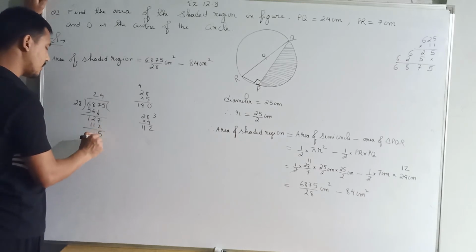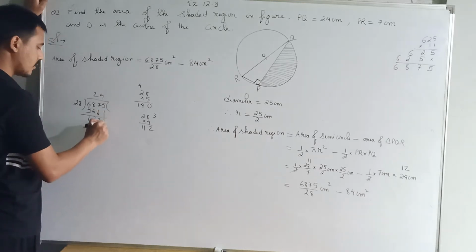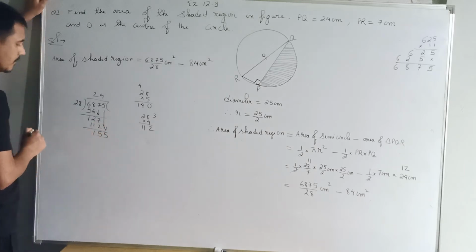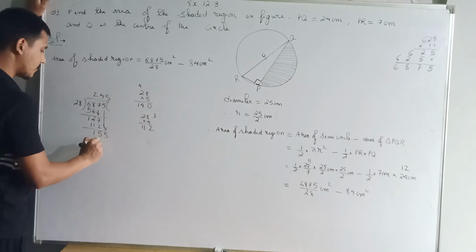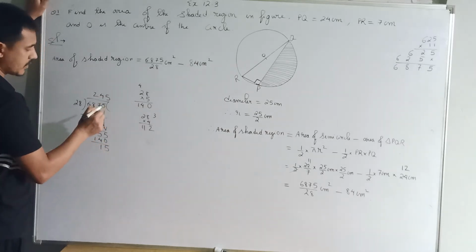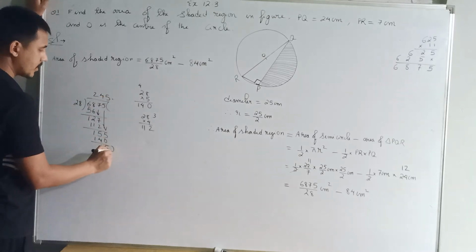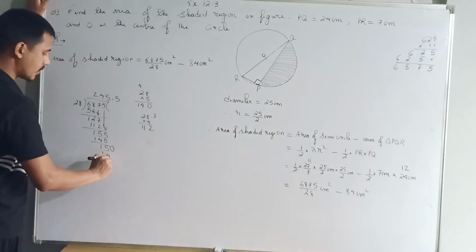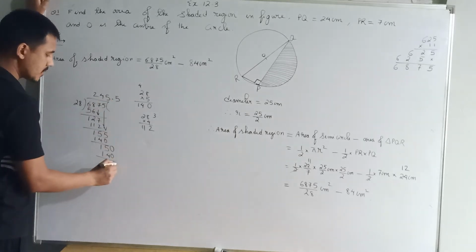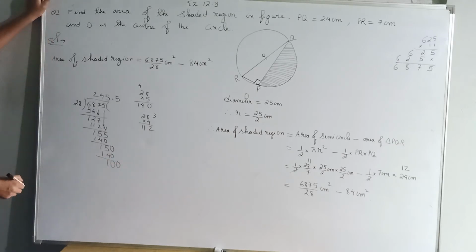7 minus 2 5, 2 minus 1 1. We have 5 coming down. Okay. 28 5 times is 140. So we have 5 here, we have 1 here. Okay, so we put the decimal and bring down 0. We have again 5 times as 140, so we have 0 here, we have 1 here, we have decimal, so we can bring down another 0.